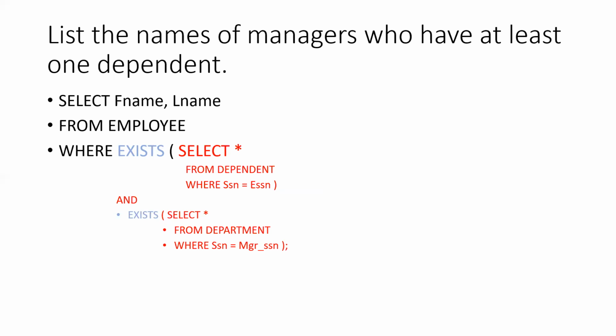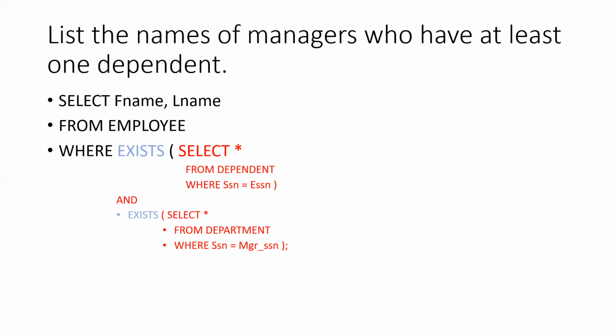In the first EXISTS clause, we are selecting the dependent tuples, and in the second, we are selecting the managers. If the employee is a manager as well as has a dependent, that tuple is selected and their names are retrieved.